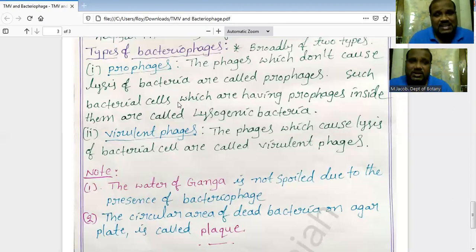Such bacterial cells which are having prophages inside the bacteria are called lysogenic bacteria. The next one is virulent phages. The phages which cause lysis of bacterial cell are called virulent phages.